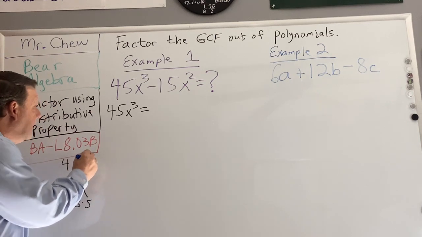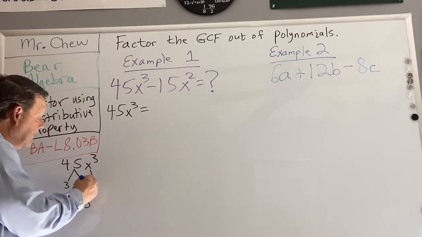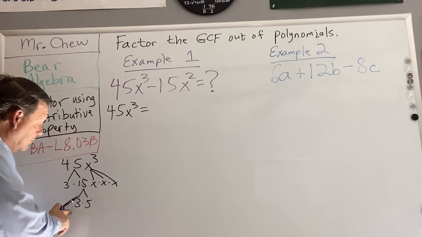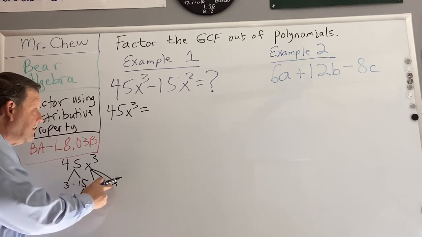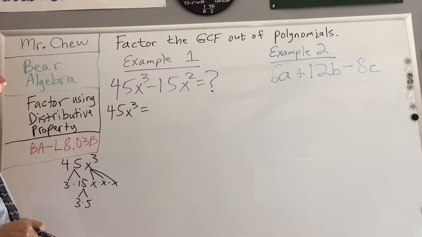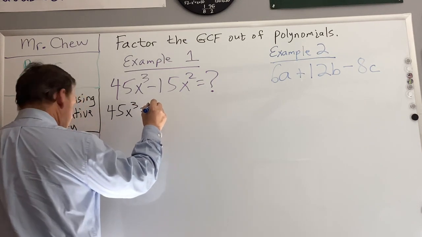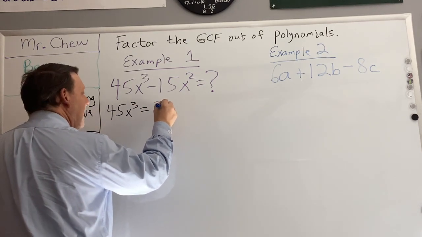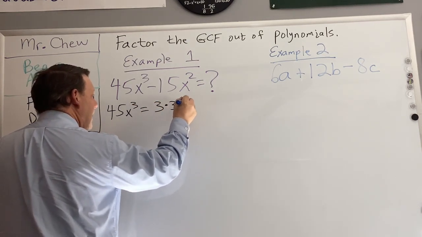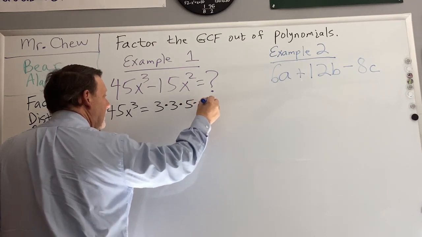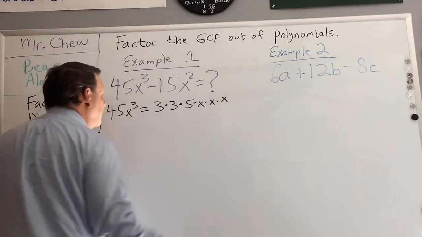And then it was x cubed, so we just bring an x down, times an x, times an x. And 3 times 3 times 5 times x times x times x is the prime factorization of 45x cubed.